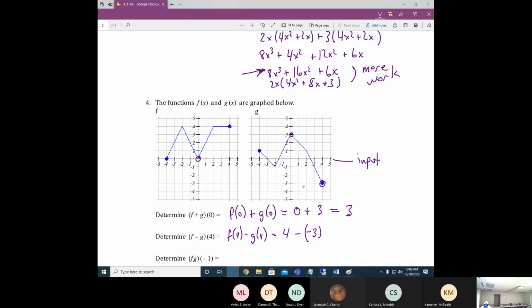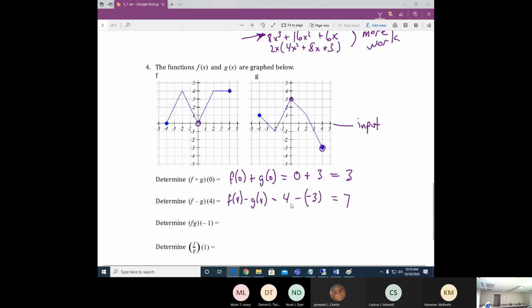That's G at 4. So therefore, that equals 7. If you have any sign issues, and I still have sign issues when I get problems like this, throw the parentheses in there to remind you you're subtracting a negative 3. It's so easy to forget about that and get the wrong answer.